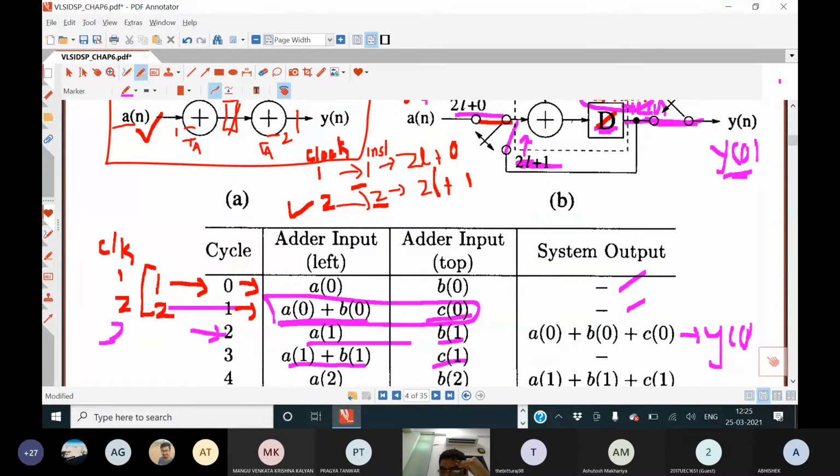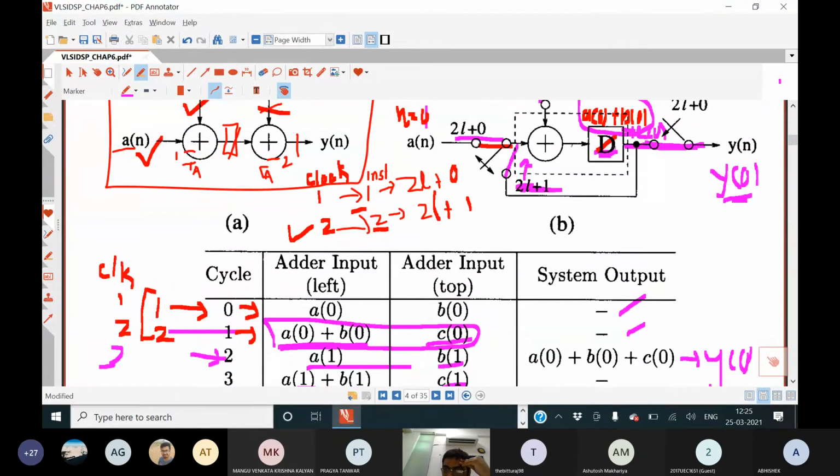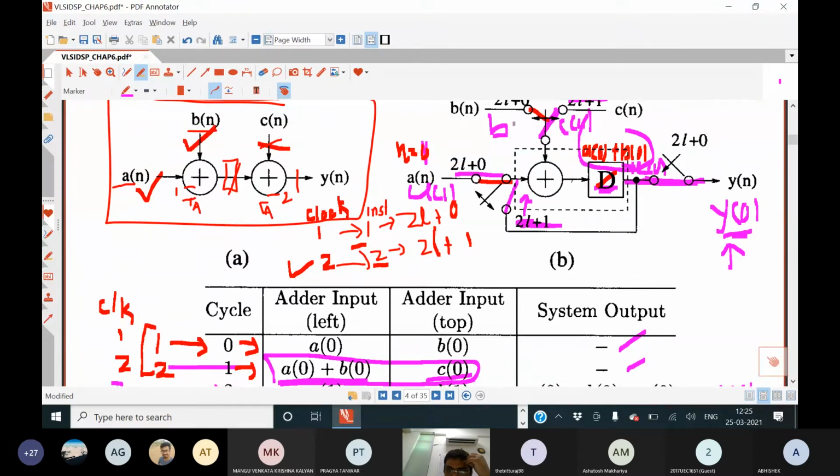And at the same time, when the value is stored at Y0, the next set of input for n is equal to 1, that is A of 1 and B of 1, you can apply. Okay, so that could be done.